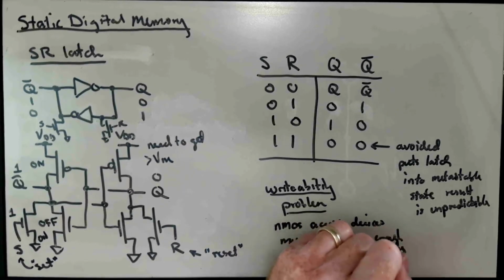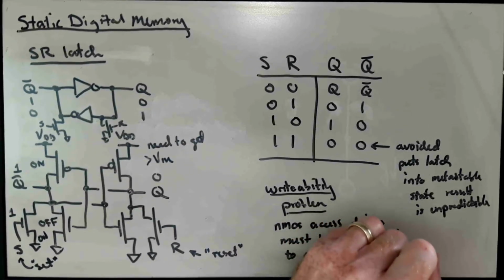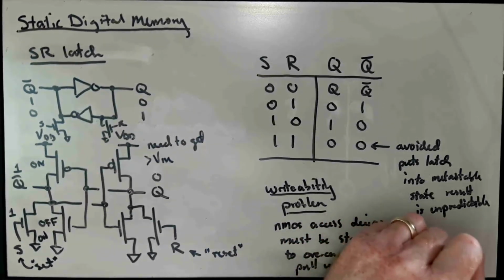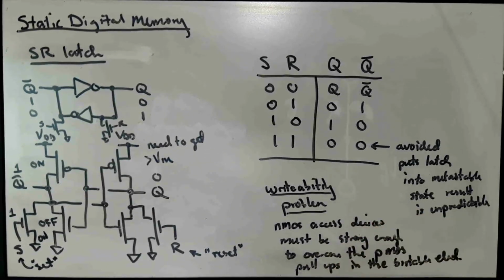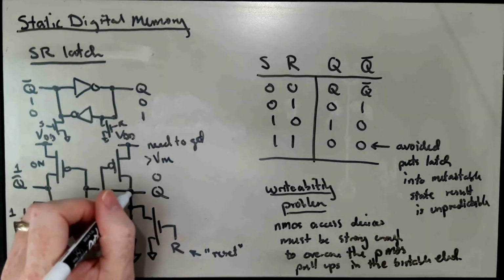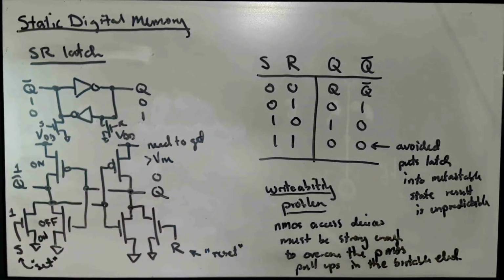In the bistable element. If not, we can't write a new value into the latch. That's the writability problem. And so this particular implementation of the SR latch is not immune to that sort of problem. We can make it immune to that sort of problem.